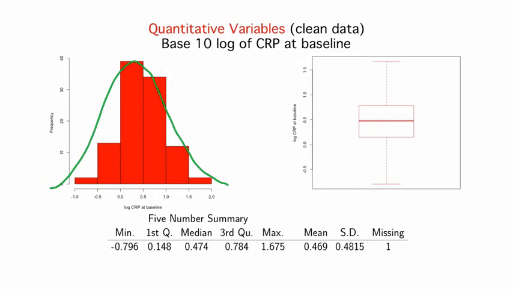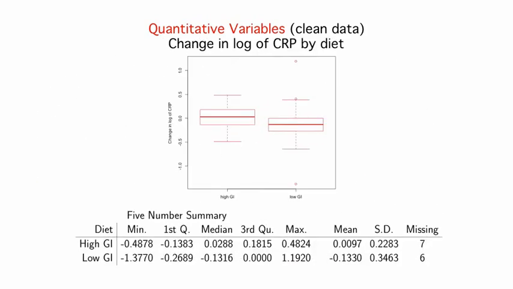Working some more with the logarithm of CRP, and as we did for HbA1c, our other outcome variable, we can combine the baseline and end-of-study measurements of CRP by taking the differences. So we'll take a look at the difference or change from baseline in the log of CRP.